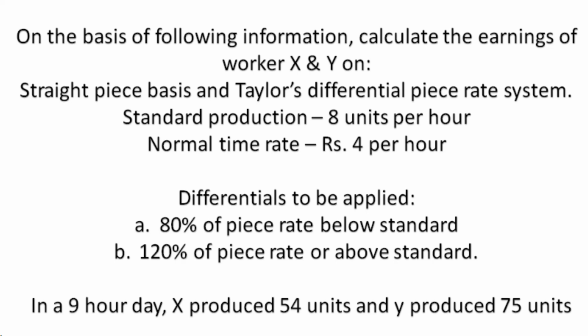According to Taylor's differential piece rate system, 80% of the piece rate is paid if they are considered as below the standard. If the output of the employee is below the standard, then he will get 80% of the piece rate.